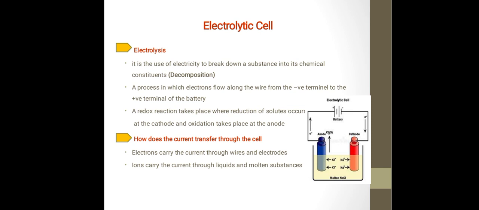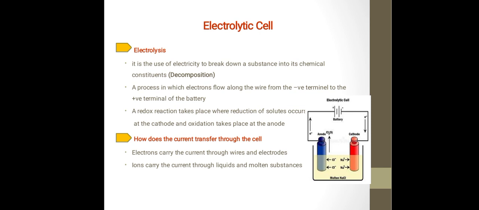And because we use electricity, it is a process in which electrons flow along the wire from the negative terminal to the positive terminal of the battery. Okay? In the electrolytic cell, redox reaction occurs, where reduction of solutes occurs at the cathode and oxidation of solutes occurs at the anode.